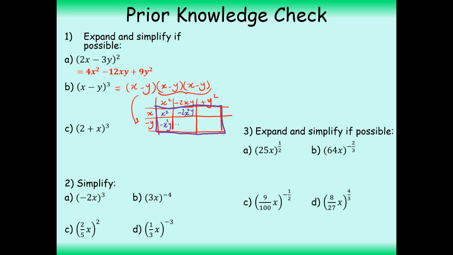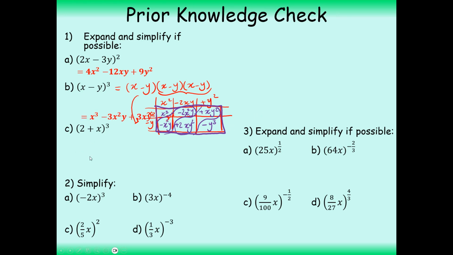And here you'll have a plus 2xy squared, and here you'll get plus xy squared, and finally you'll have a negative y cubed here. That's why your answer, when you add these terms together, because their powers are the same, you end up with such an expression.